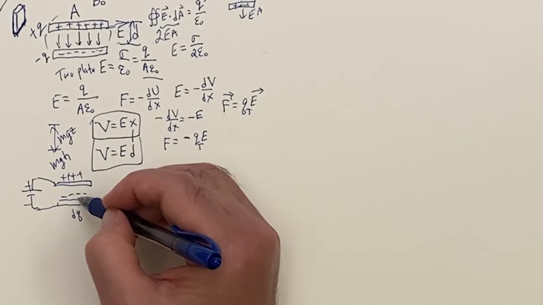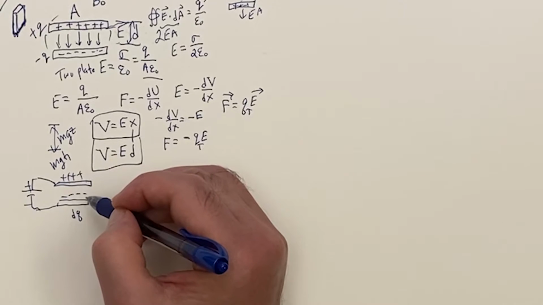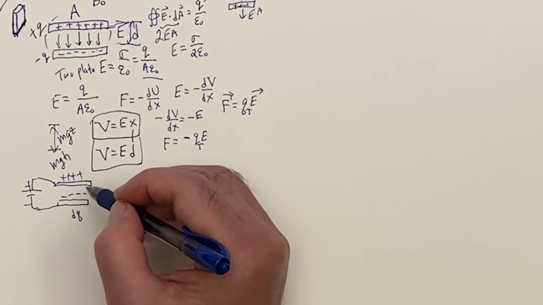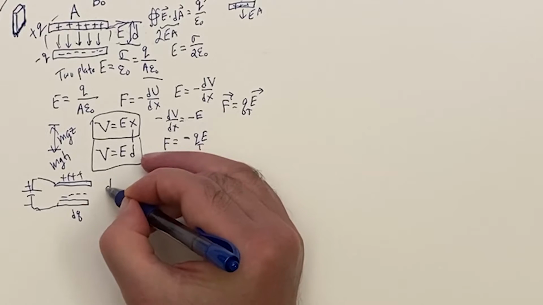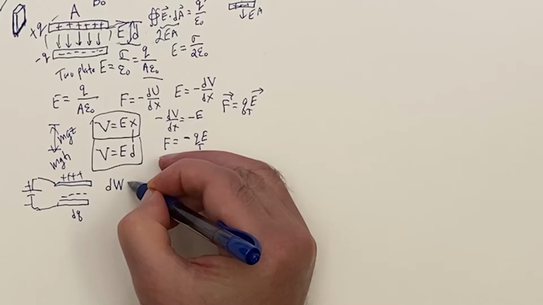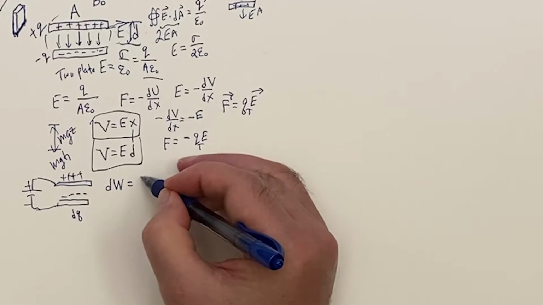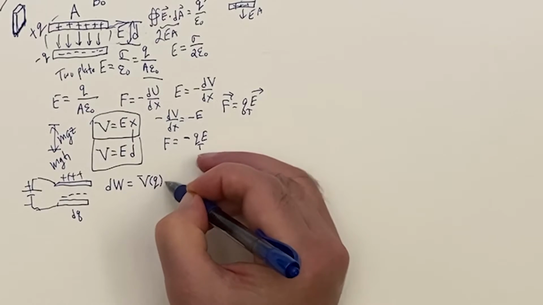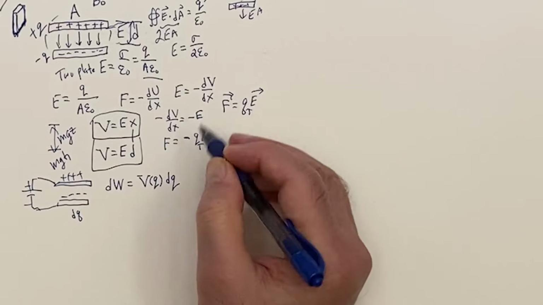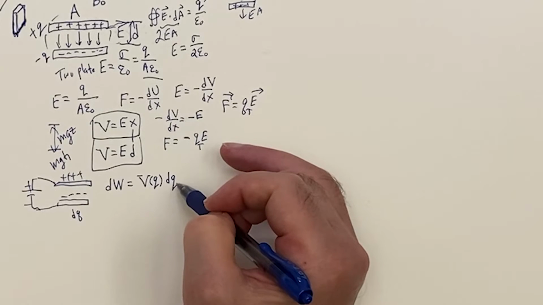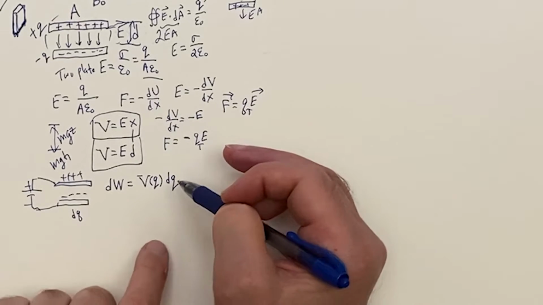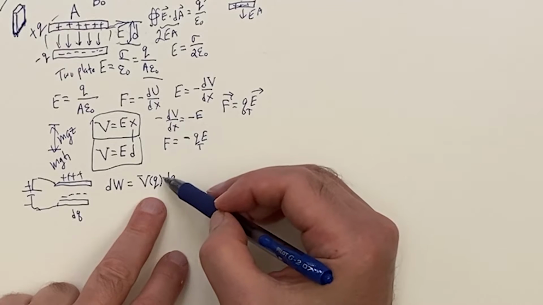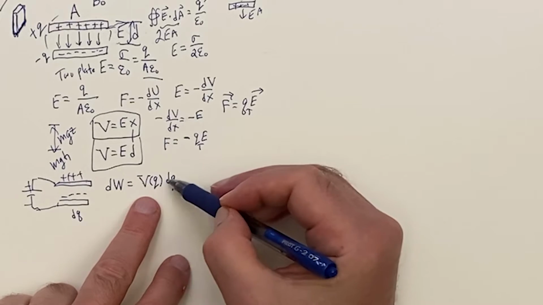So we want to find the energy to build up that E field inside here. The bit of work we're doing is the potential times dq. It's like a potential energy problem.